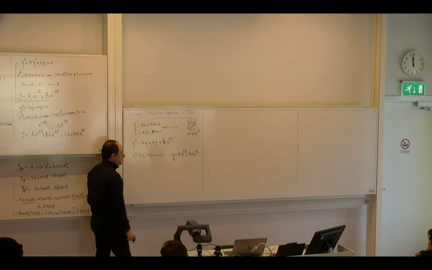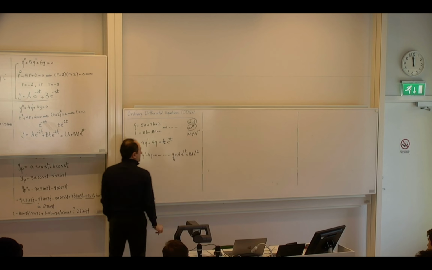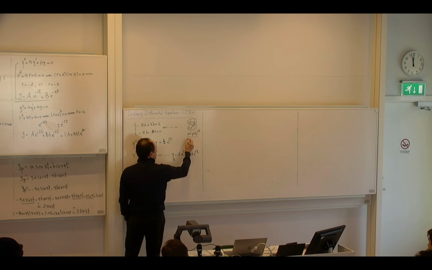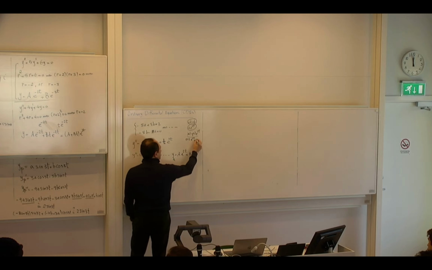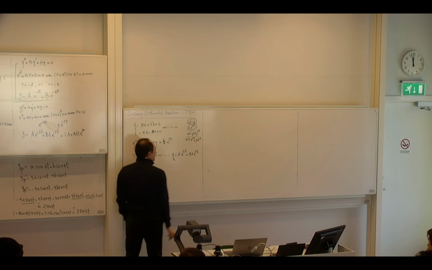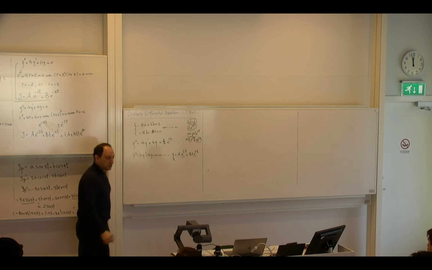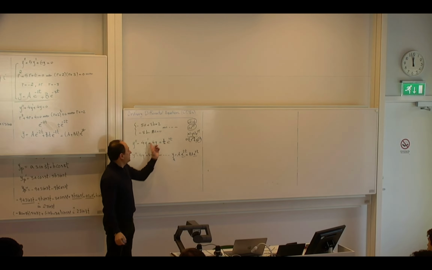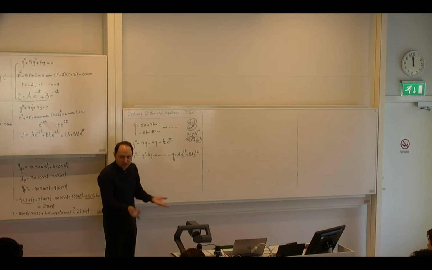Why is that? Because if you open it up, it becomes alpha t e to power 2t and beta e to power 2t. And then you see that this one appears here. This one also appears here. So if you put this back into this equation, because it will fit this equation, these will be cancelled and there is nothing you can find.